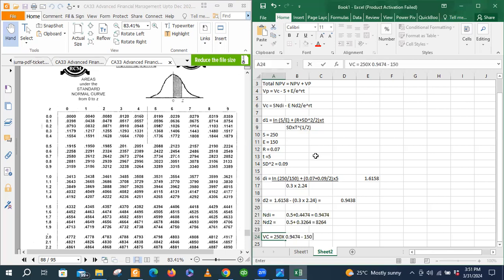Yes, 150 times N(D2), 0.8264, divided by the exponential raised to power rT. Our r is the risk-free rate of return, 0.07, times time, which is 5.